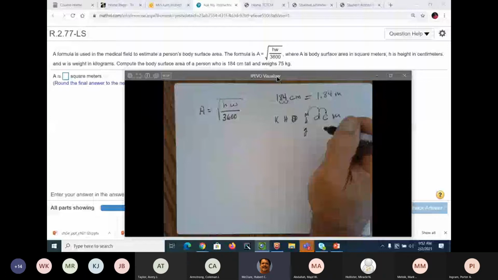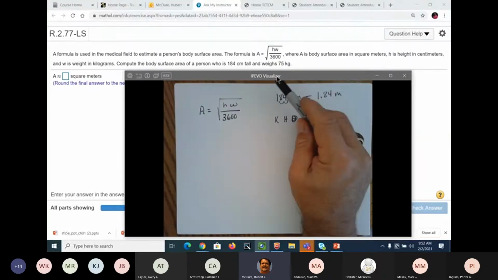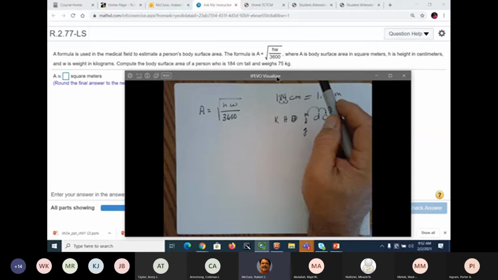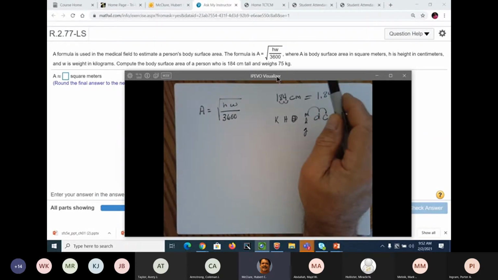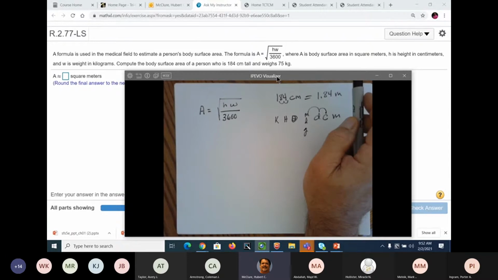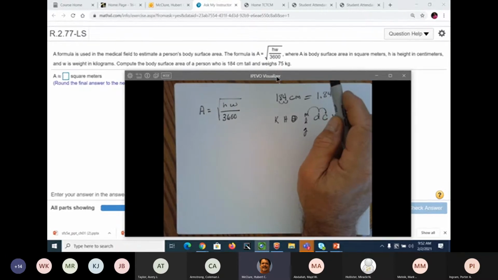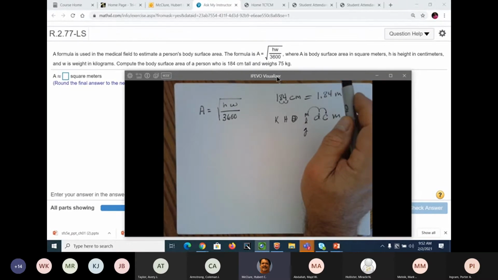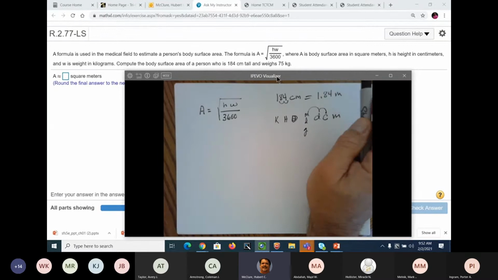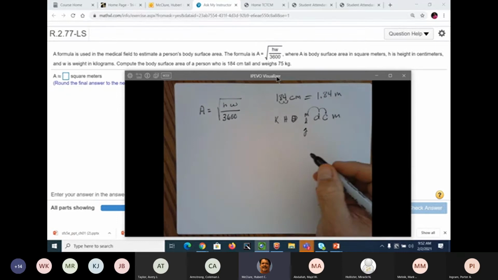The reason we don't have to change kilograms is because there's nothing in there other than kilograms. Since it says surface area in meters, it would seem likely to change the centimeters into meters. Now, I may be totally wrong, but we'll see.